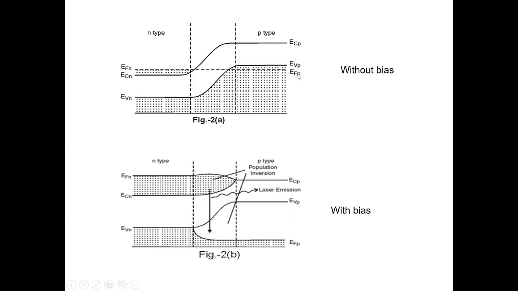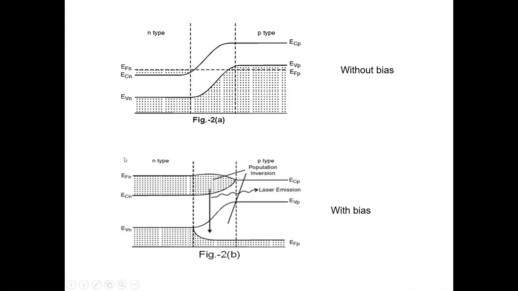This is the P type Fermi energy. When there is no bias, the Fermi level on both sides are the same line here. Fermi level in N side and Fermi level in P side both are on the same line. So there is no excess electrons here or excess holes here. That's why there is no chance of recombination here.